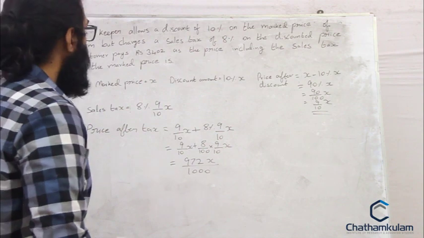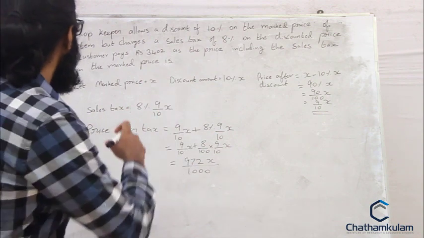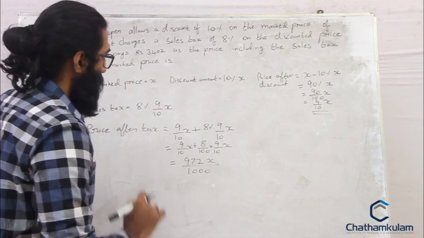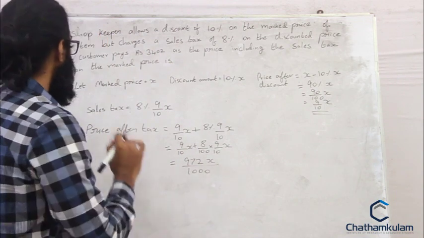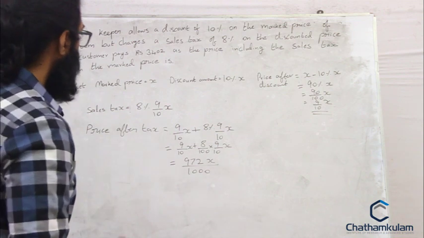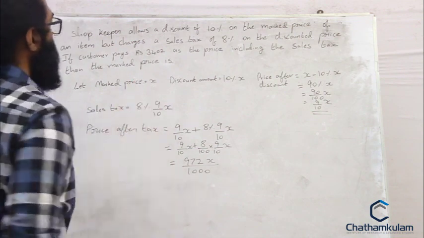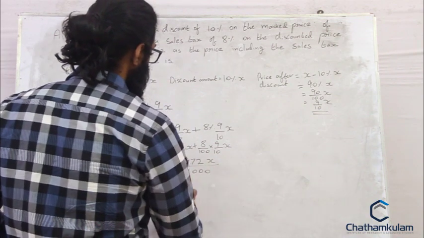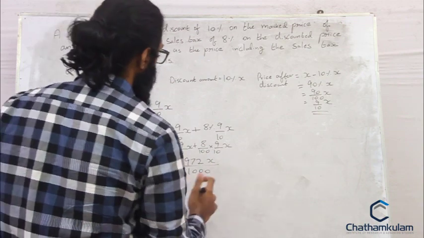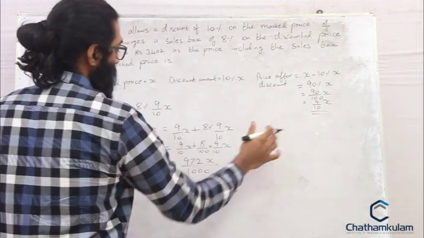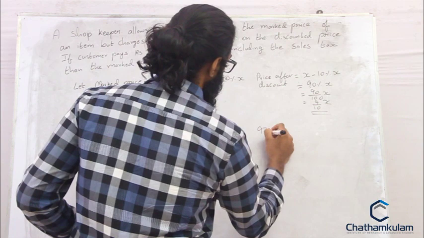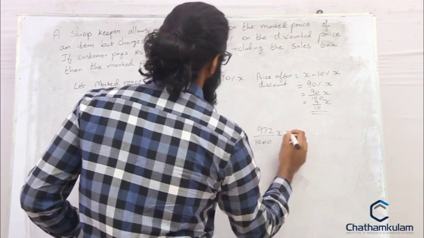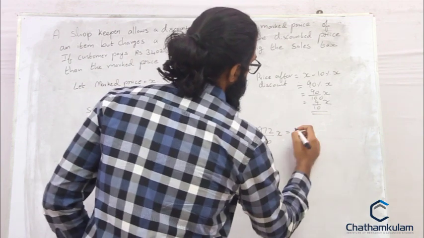Okay, in the question it's given that the customer pays rupees 3402 as the price including the sales tax, then the marked price is. So we have to calculate the marked price, that is X. So this amount is equal to 3402. I will write it here: 972 by 1000 X is equal to 3402.